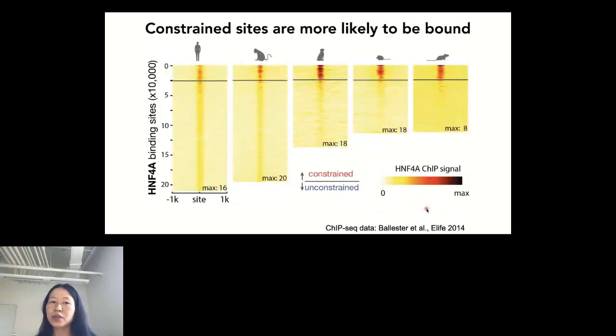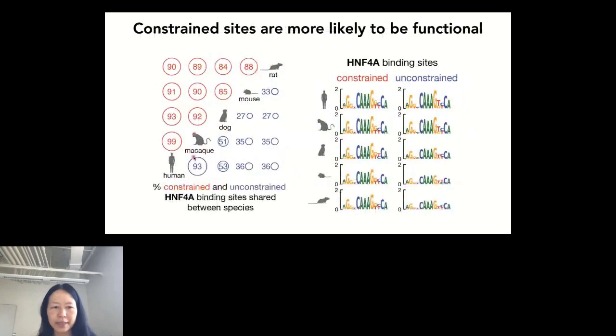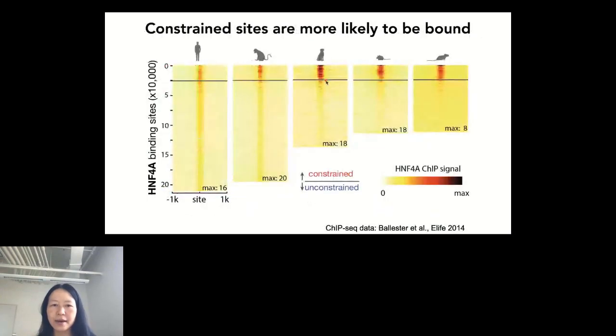And for these constrained sites, if you take the ChIP-seq data in the respective genomes, this is chimp, this is macaque monkey, this is dog, this is mouse and rat, you can see the constrained sites are actually bound, while the unconstrained sites are not only not conserved and not aligned, they're also less likely to be bound, especially in the more distant species.